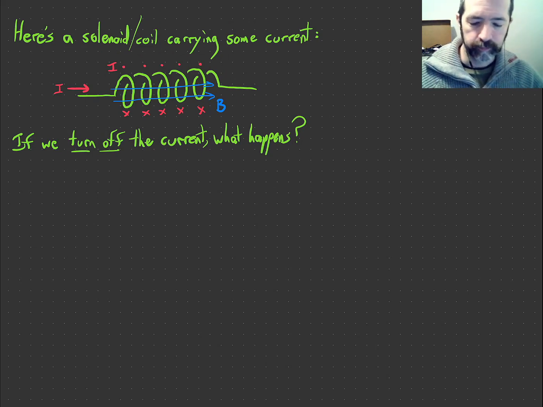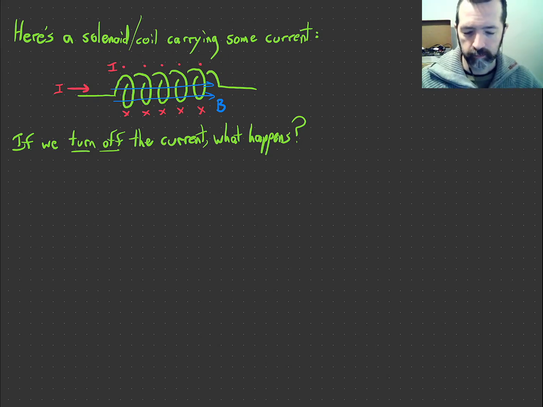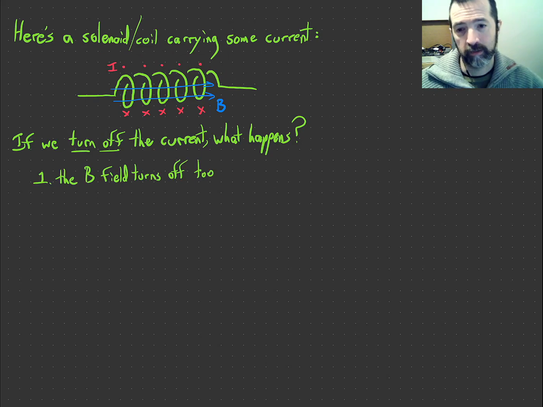So the reason there's a magnetic field in the first place is because of the flow of current. So if I turn off the current, that means that the magnetic field should go away. So the first step of logic here is that the magnetic field is going to turn off.